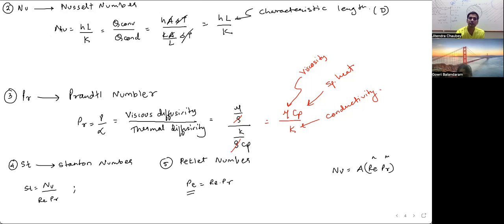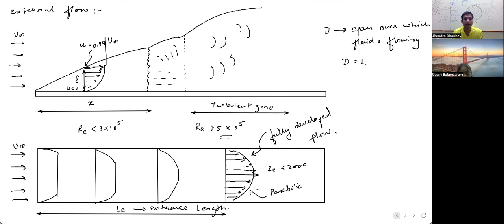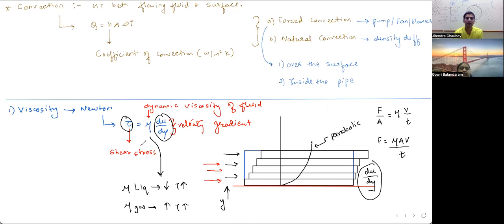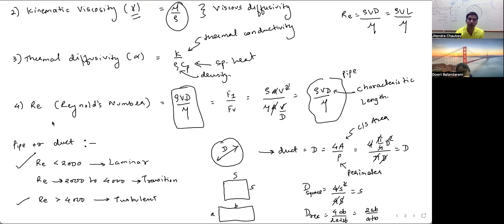So what are the important relations? Nusselt number, hL by k or hD by k. Prandtl number, mu Cp by k. Reynolds number, rho V D by mu or rho V L by mu. Then we must know parameters like kinematic viscosity, dynamic viscosity, and thermal diffusivity.